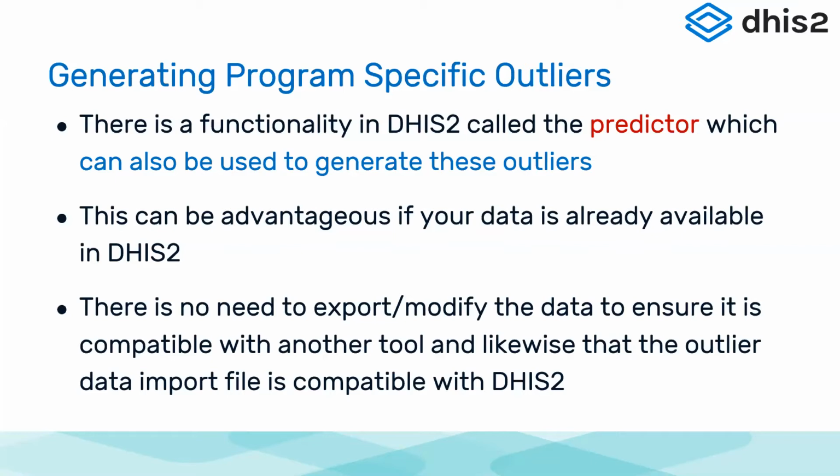Everything, the prediction part or calculation part, you can perform in the DHIS2 platform. So it's a big advantage, and with these predictors you can do a lot of things. Predictors can be used to generate these outliers, and it definitely makes your life easy as DHIS2 implementers.